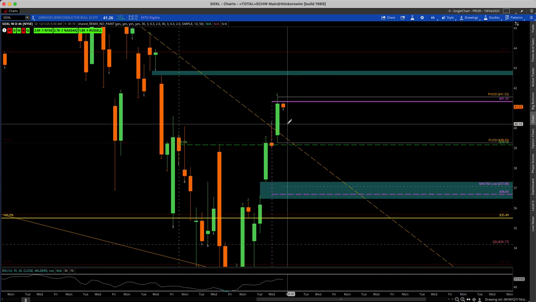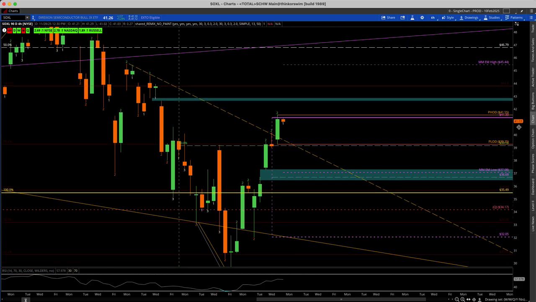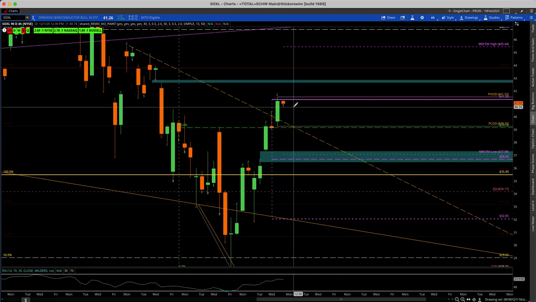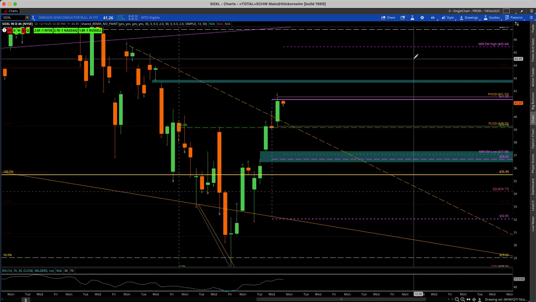So from the 4-hour perspective, from just a pure Strat perspective, the magnitude is to the downside, but we are in this uptrend. So, even if we do get that downside action, I would be wary about the price going any lower than the previous low of day or last month's 50% level.